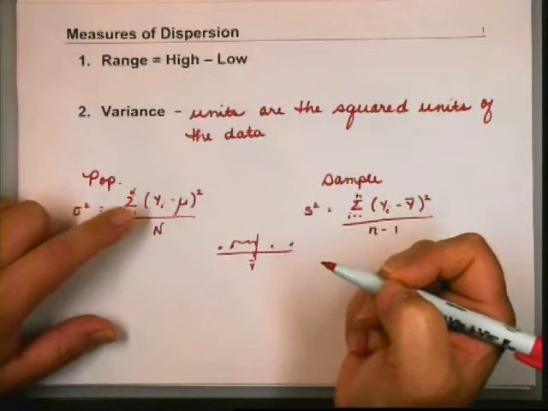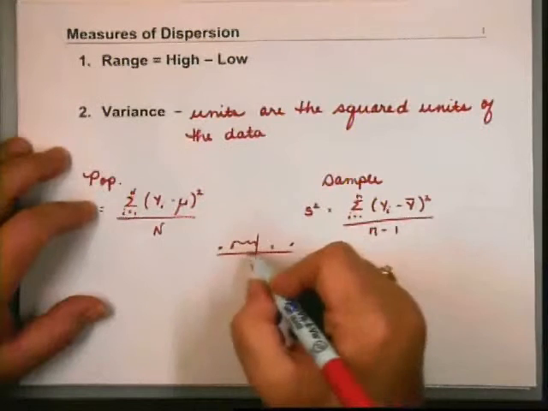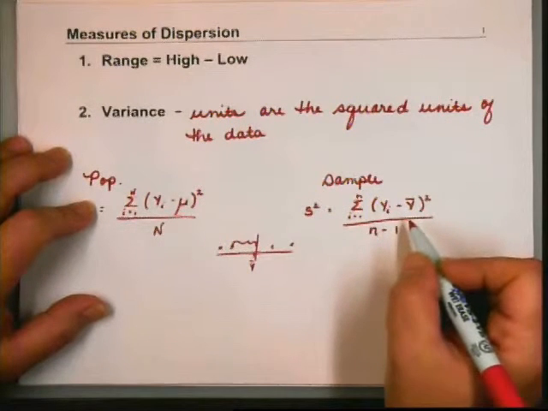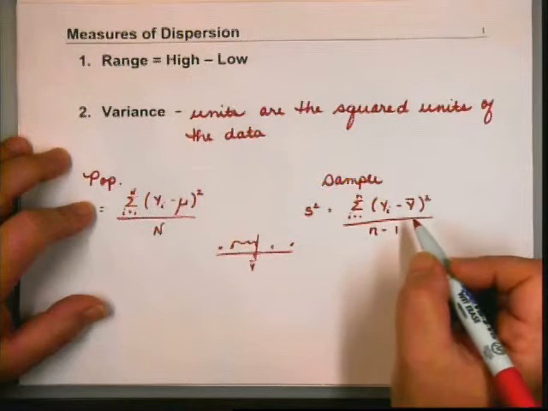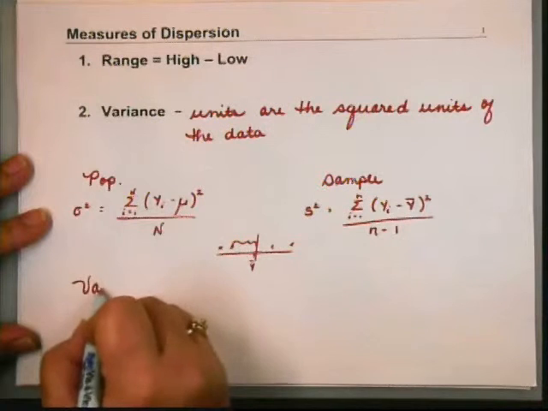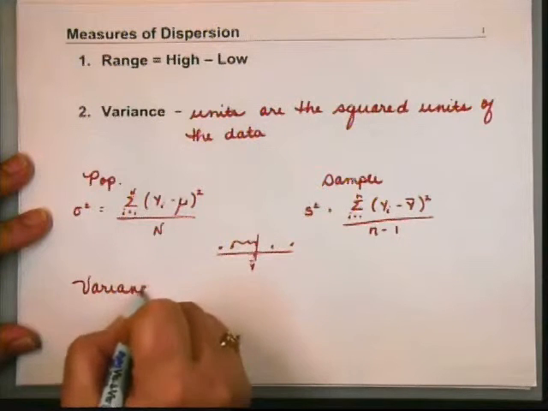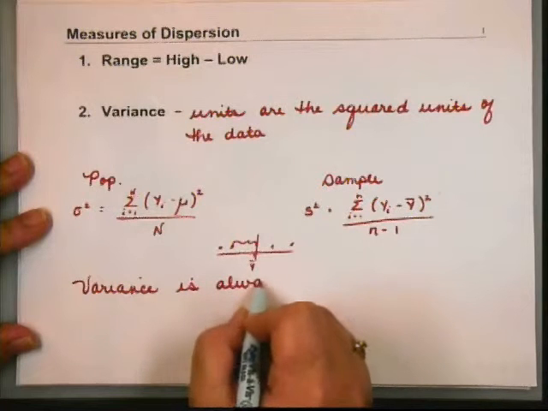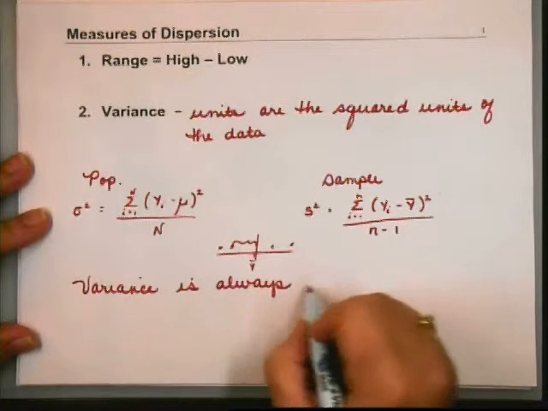So we're taking each of those differences, negative and positive, and we're squaring everything so everything's positive before we add it up. Okay? So the sum of all these squared differences, so the result of that is that variance is always non-negative.